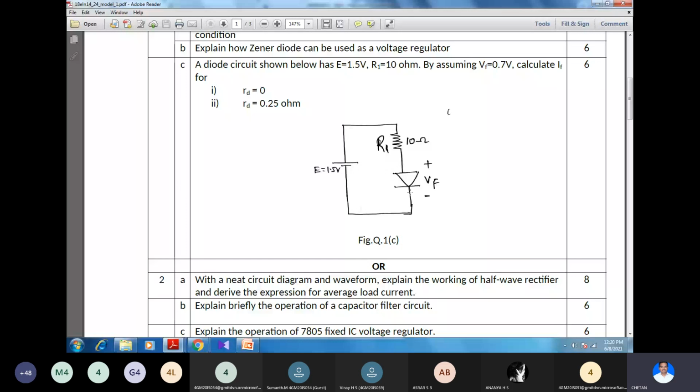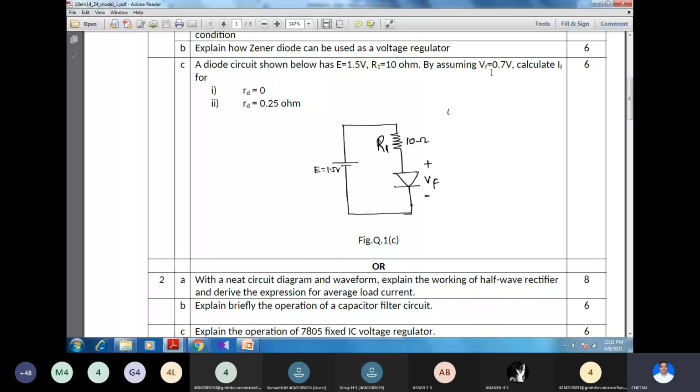Under the first case, they have given Rd equals 0, which means we have to replace this diode with the approximate model. The approximate model of diode has only a battery. So we have to replace this with a battery of magnitude 0.7, which is given here. Vf is the Vf for silicon, or Vt, threshold voltage of silicon, or knee voltage of silicon, which is 0.7.